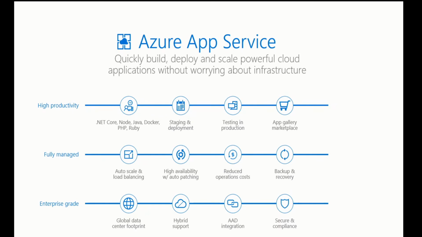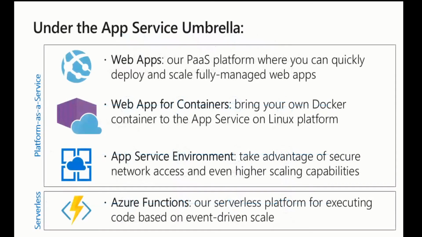So looking at things under the app service umbrella, it also includes things like an Azure function, or an app service environment, or a web app for containers, where you can bring your own container to the app service, and Windows or Linux, etc.